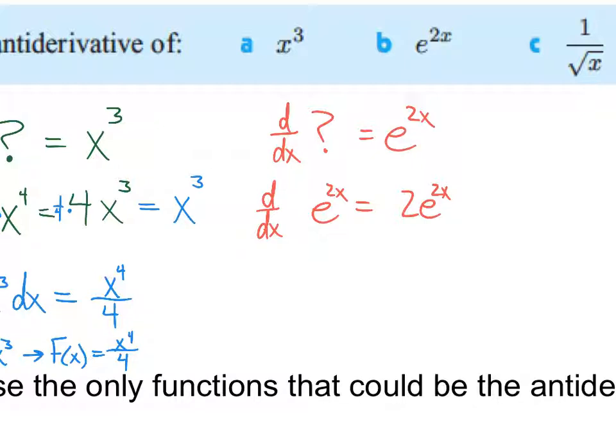I throw in a times 1/2 here, and that cancels out, and that leaves me with just e to the 2x. So we could say the integral of e to the 2x dx equals 1/2 e to the 2x.